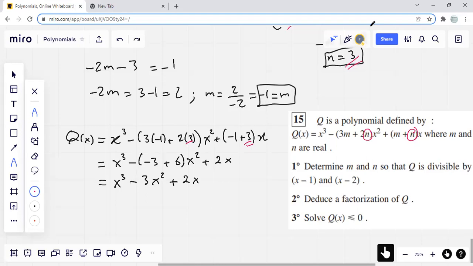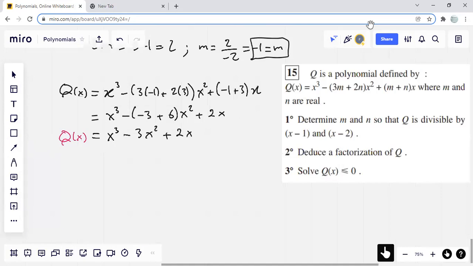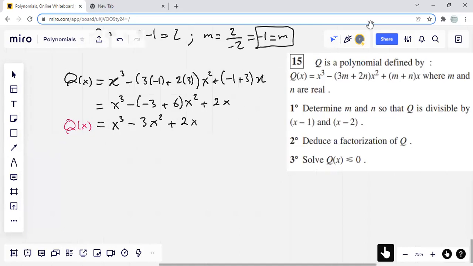And using the calculator we can find the coefficients. So we will have this polynomial q of x is equal to x cubed minus 3x squared plus 2x. Now in the second part they ask us to deduce a factorization of q.